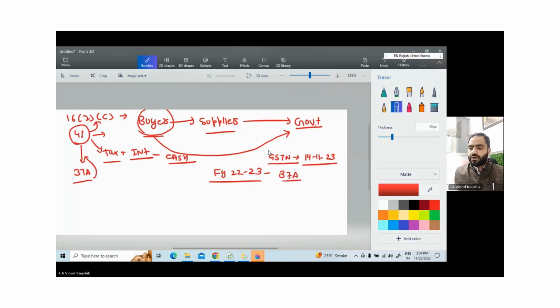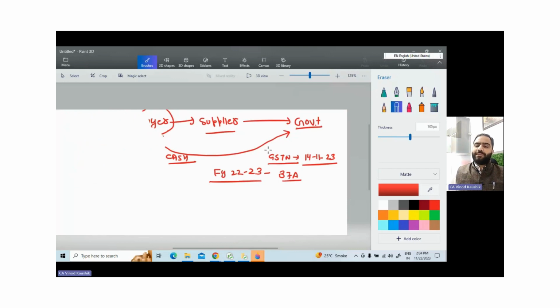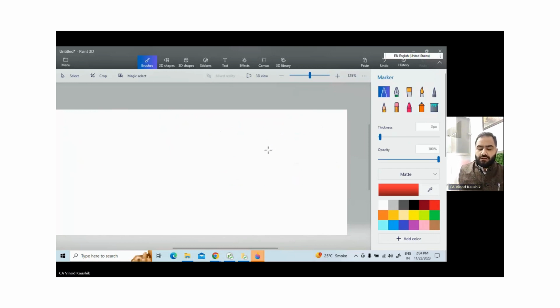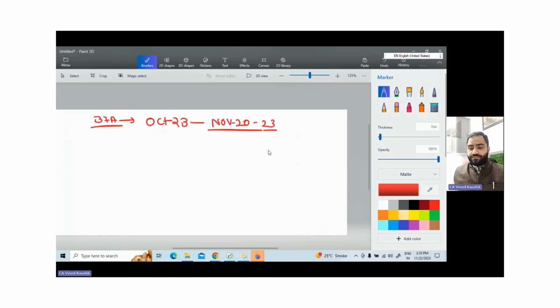If your suppliers are not making payment to the government, GSTN will automatically populate the amount of input tax credit that has to be reversed in compliance with 37A. This has to be done in the October 2023 return that has to be filed by November 2023. So friends, now I am coming to the legal aspects.